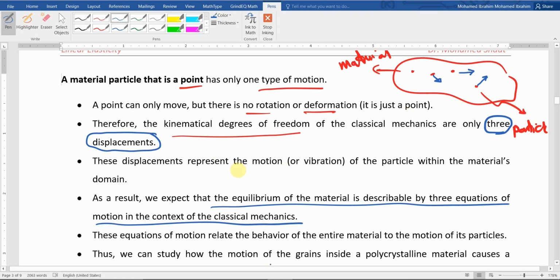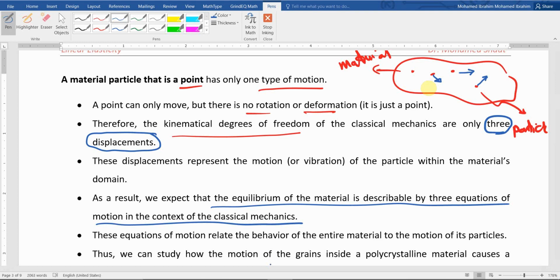So therefore, the equilibrium equations in classical mechanics, as we are going to discuss, are only 3 equations of motion. Why? Because of the point, which has only 3 displacements if we are talking about 3-dimensional space. Make sense? In case, for example, that this particle belonging to this material is confined to move in 2 dimensions, then 2 equations of motion are enough.